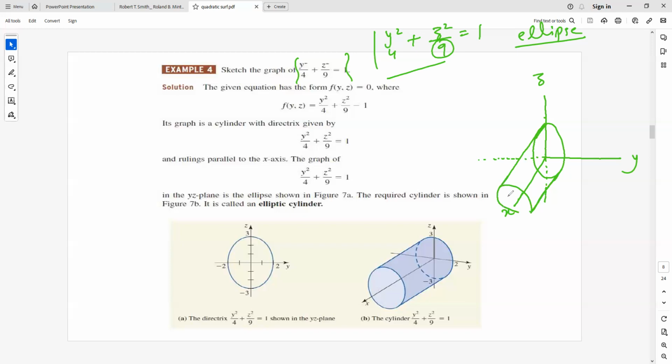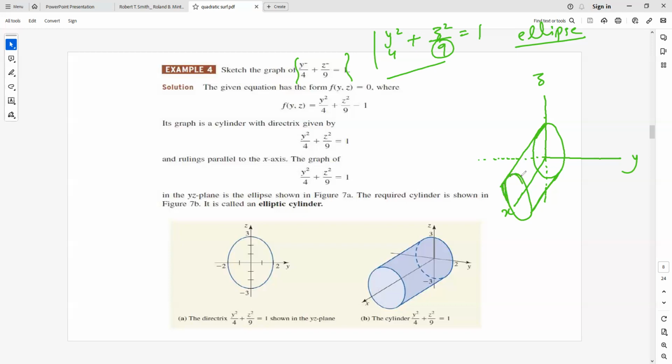So we can make an ellipse here like this.